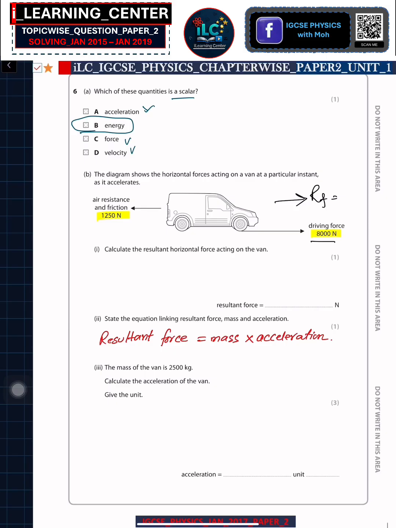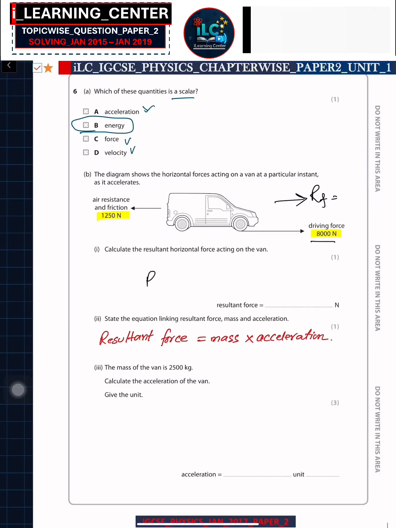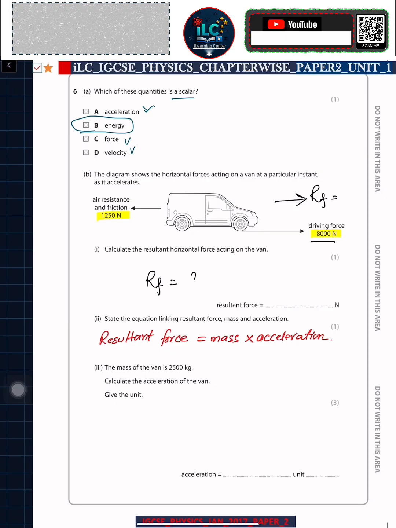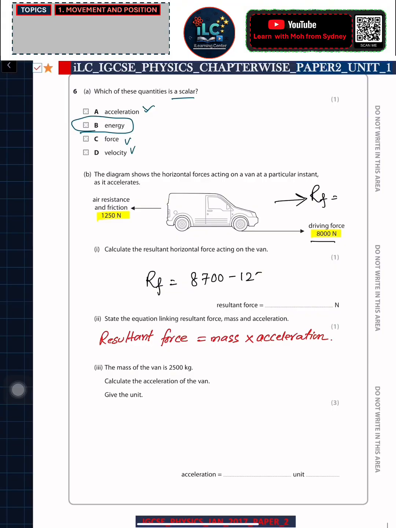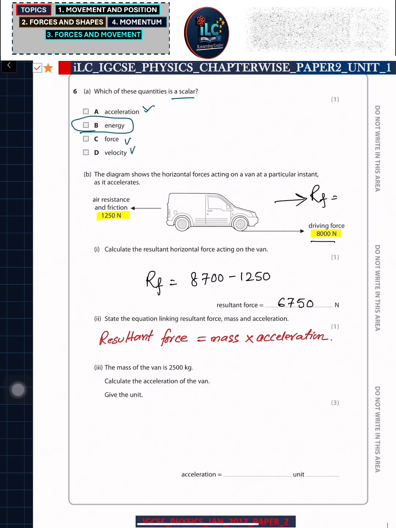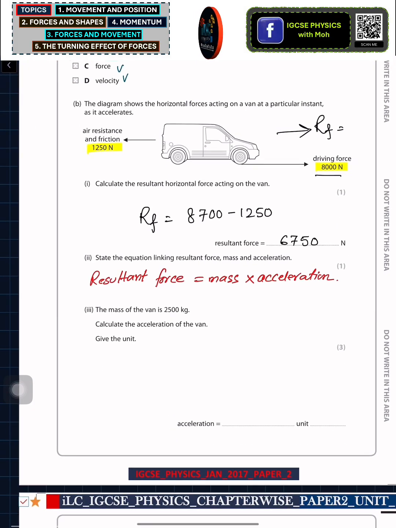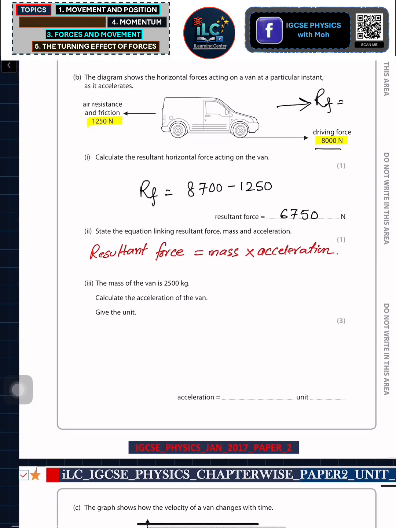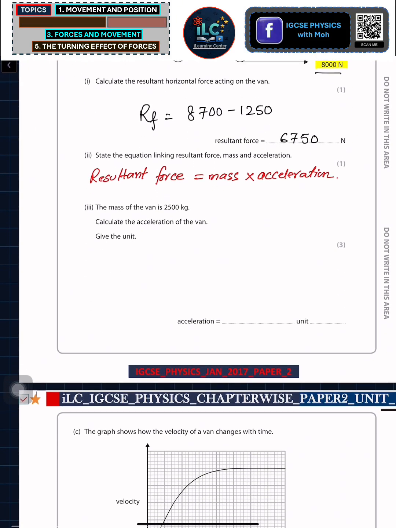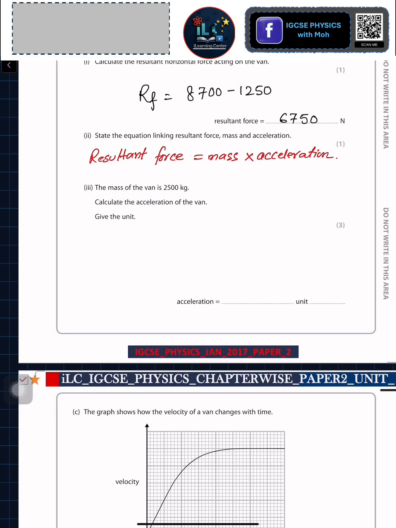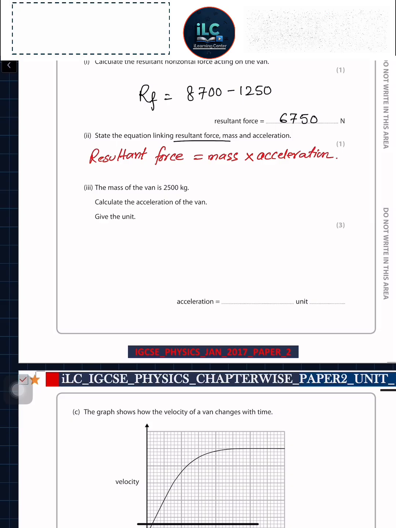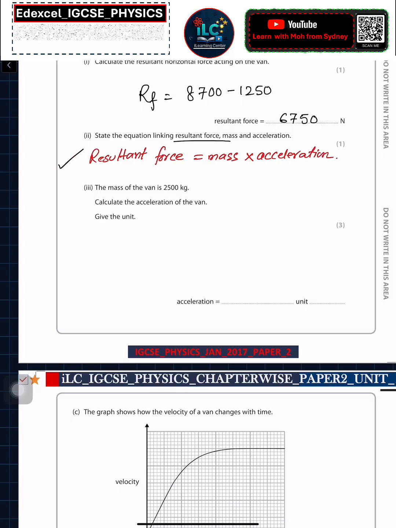If you want to find the resultant force, just use 8700 take away 1250, and this is equal to 6750 newtons. And we are good, we don't have any other forces, so only two forces in two opposite directions. Another question here is the formula for resultant force, a straightforward answer, already written for you.